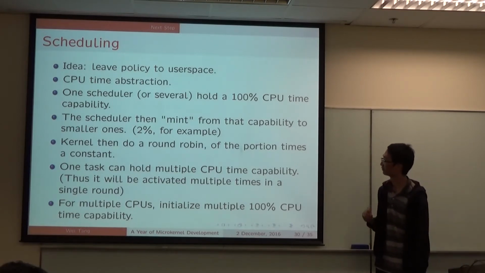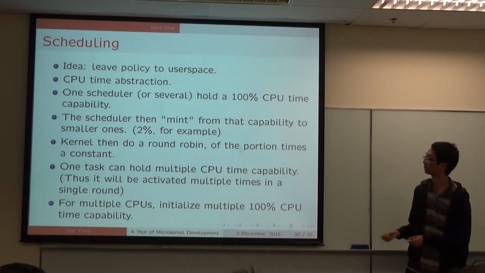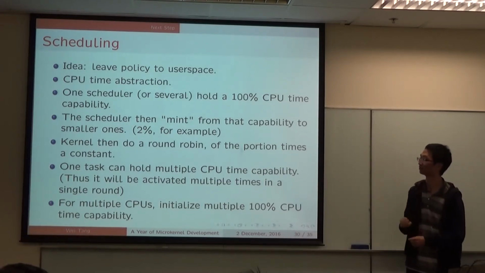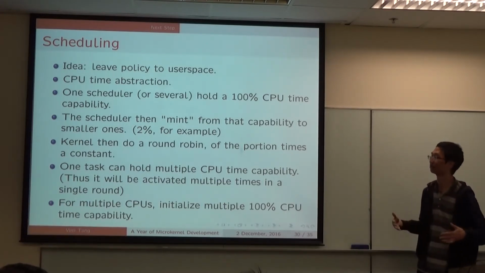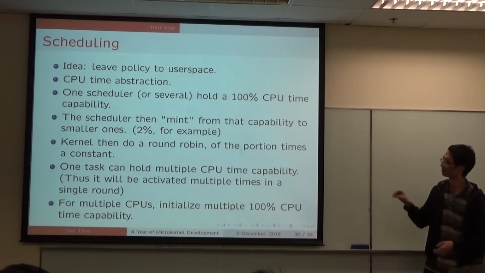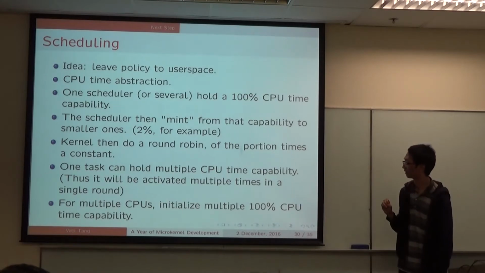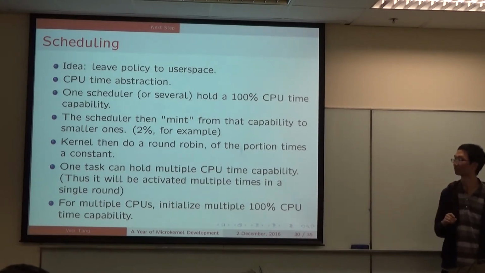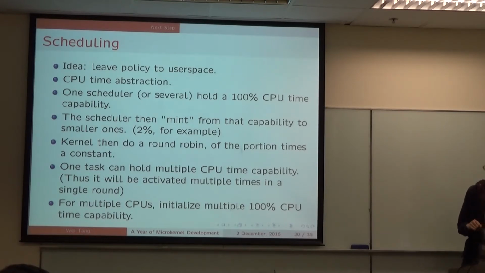For different CPUs, we have different overall CPU capabilities, and we don't actually handle SMP in the kernel. That makes the kernel simpler. So we initialize multiple CPU time capabilities for multiple CPUs.